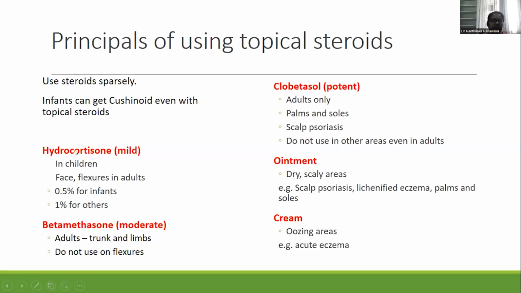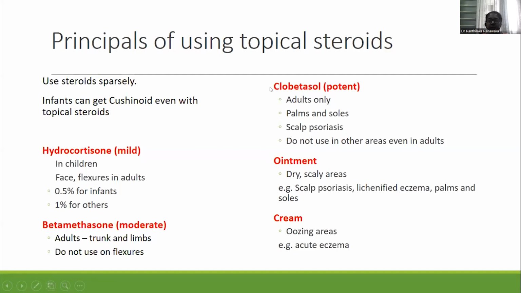So hydrocortisone is the mild one we use in children, even in adults, on the face and flexures. In infants we use 0.5%, and all the others, children and adults, we use 1%. Betamethasone is a moderately potent steroid. In adults we can use it on the trunk and limbs, but not on flexures.